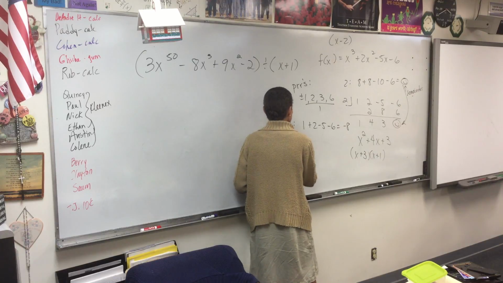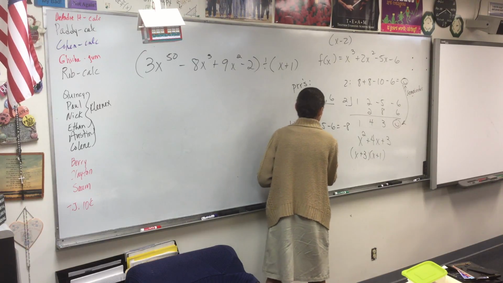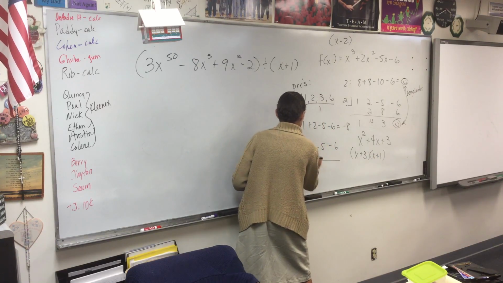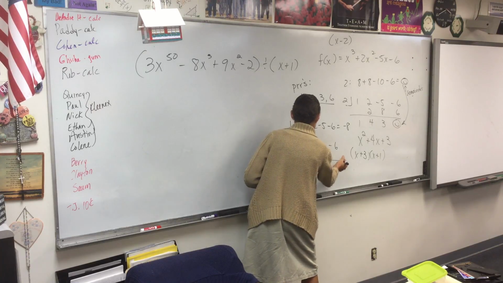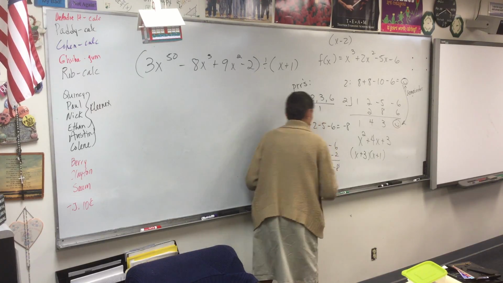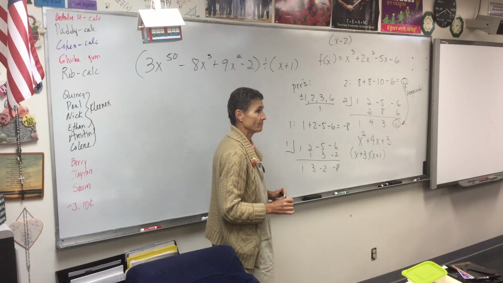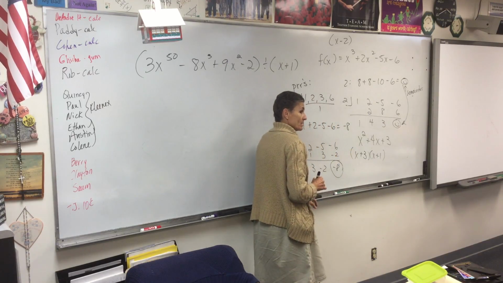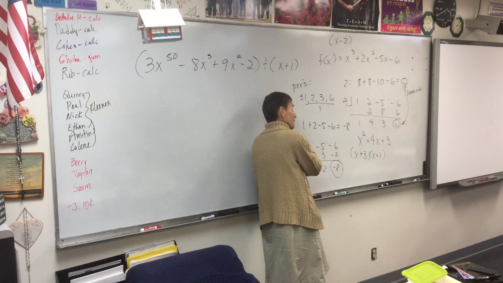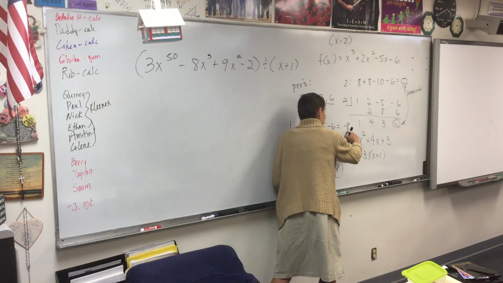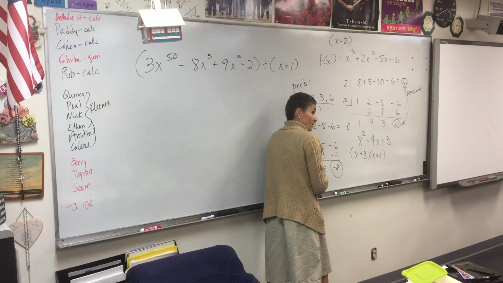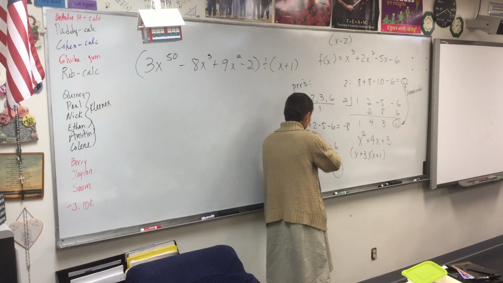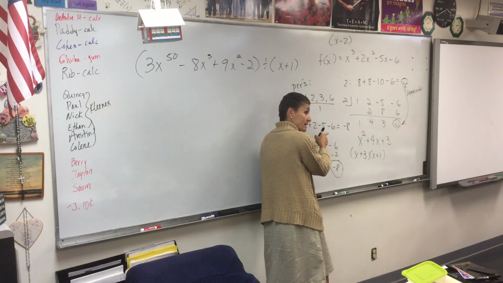But watch what happens if I divide. What happened when I did the division? I got negative 8 as the remainder. So if I plug in 1, whatever it equals is the remainder. I don't have to divide. I can find the remainder by just plugging in.